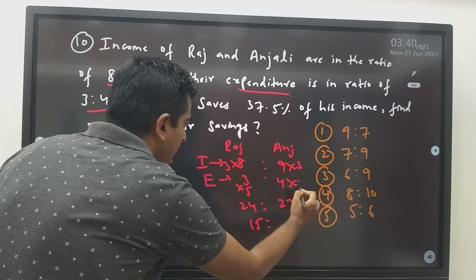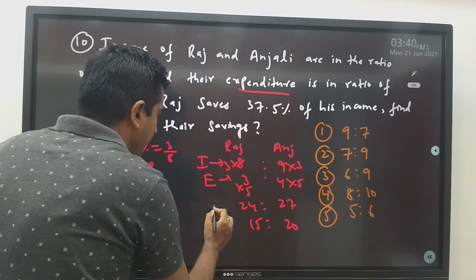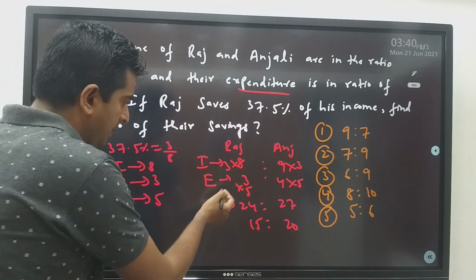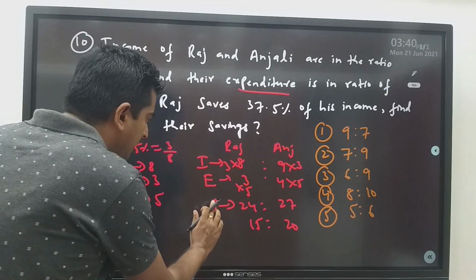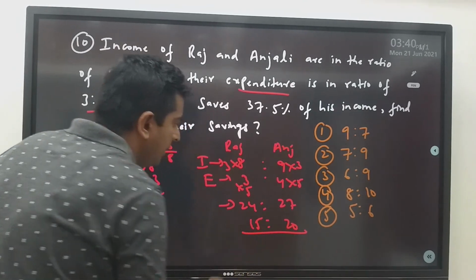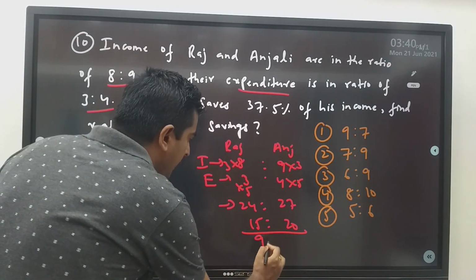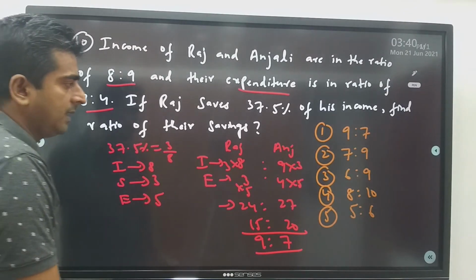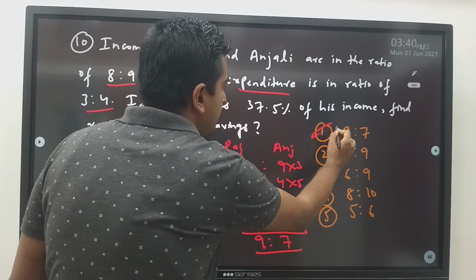This also we have to multiply by 5. This is 20. This is saving. Right? I mean, this is income and expenditure. Right? So savings will be how much? 24 minus 15 is 9. This is how much? 7. 27 minus 20 is 7. So what is my answer? 9:7, which is first option.